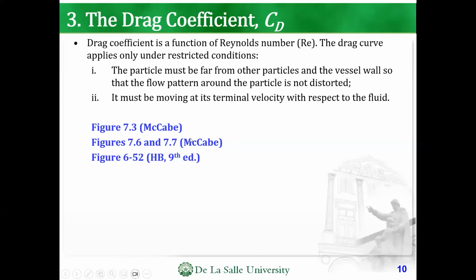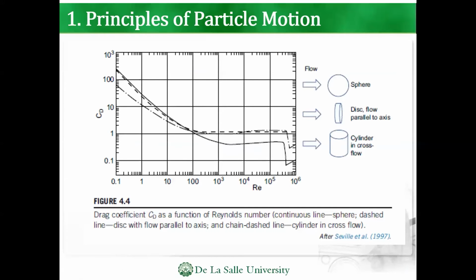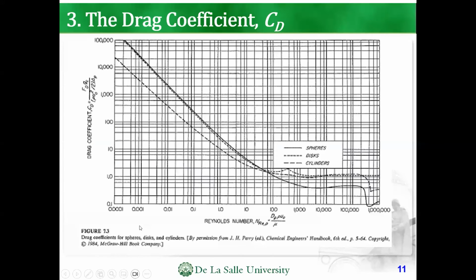There are actually several figures: figure 7.3, 7.6, and 7.7 from McCabe, and 6-52 from your handbook, 9th edition. These will be provided to you. An example is the one I showed you earlier. This one is one of the examples of Reynolds number and drag coefficient correlation. This one is basically for spheres, disks, and cylinders.